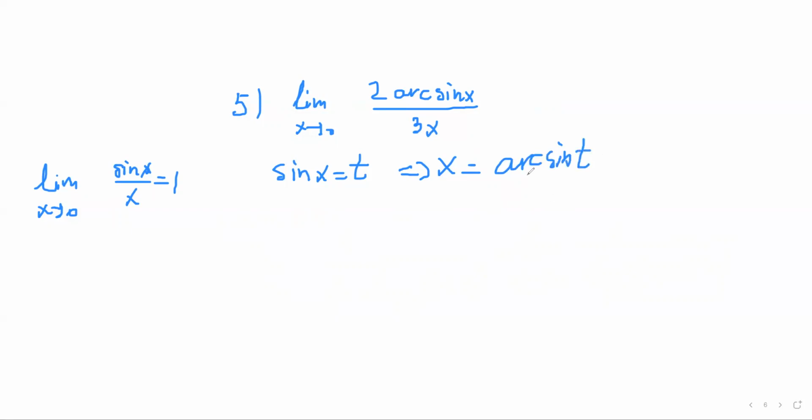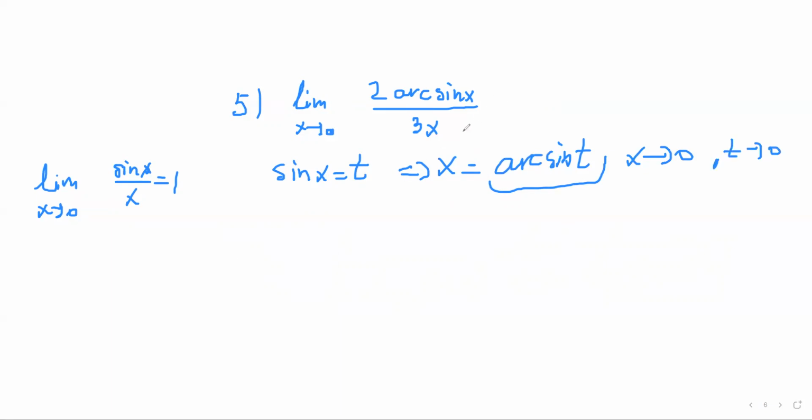We can do this where the arcsine function is defined, on an open interval around 0, so it's possible. If x tends to 0, sine 0 is also 0, so t also tends to 0.